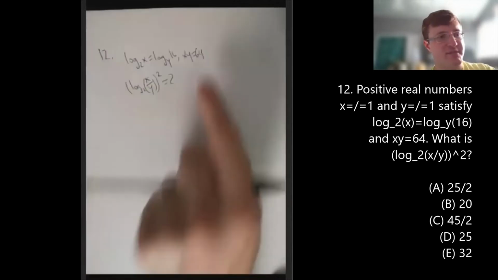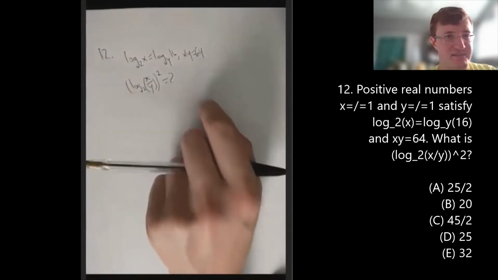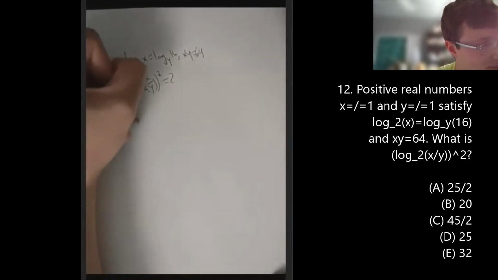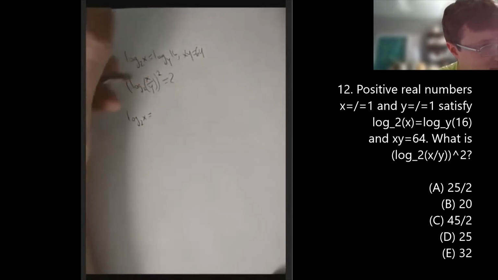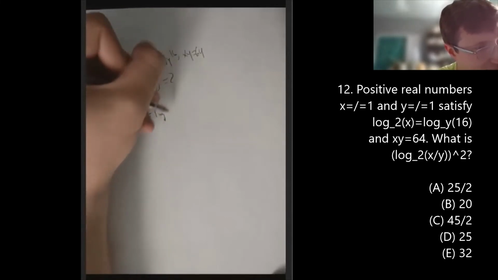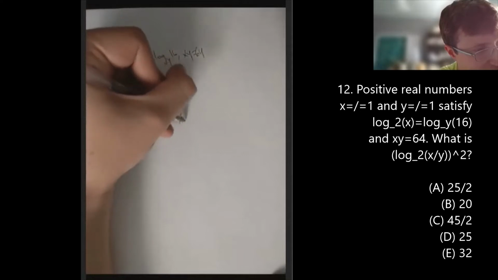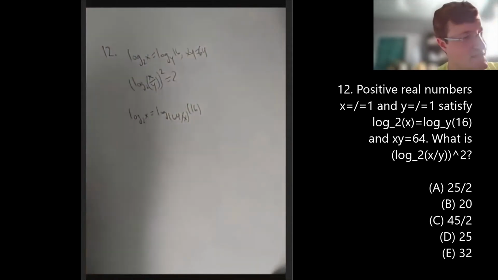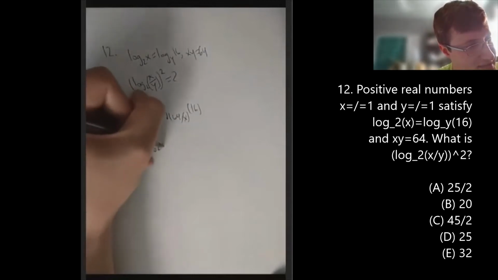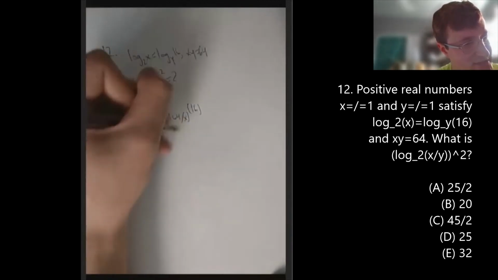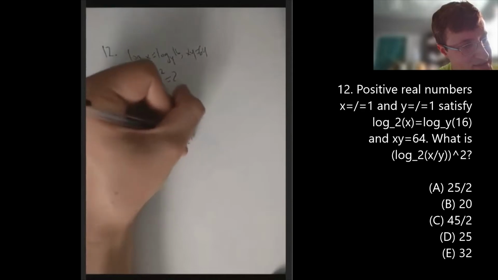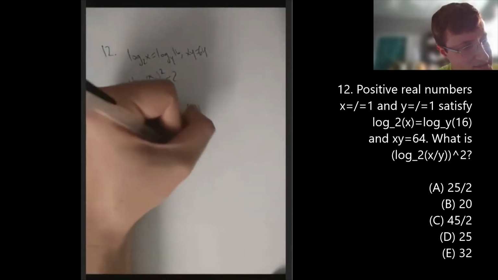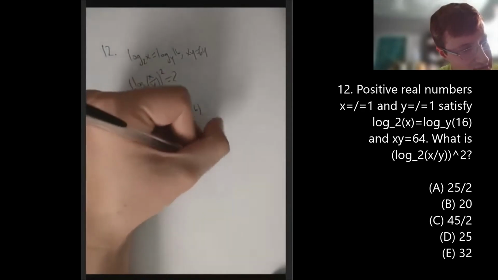I guess I have no choice but to plug in y equals 64 over x and see what I get. So log base 2 of x equals log base 64 over x of 16. Okay, this is going to get messy. I'm going to use the change of base formula, so it's log base 2 of 16 over log base 2 of 64 over x.